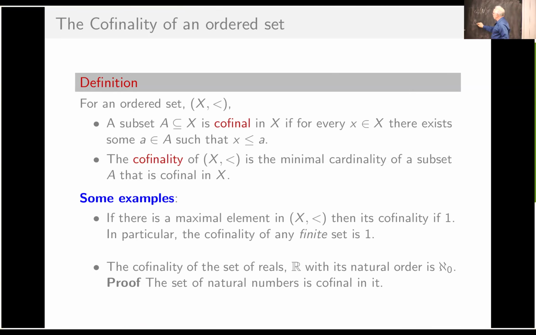But the same is the cofinality of the real numbers, because the set of natural numbers is cofinal in the reals. So if you just have the countable set of natural numbers, it is a set of size Aleph 0, which is cofinal in the reals.